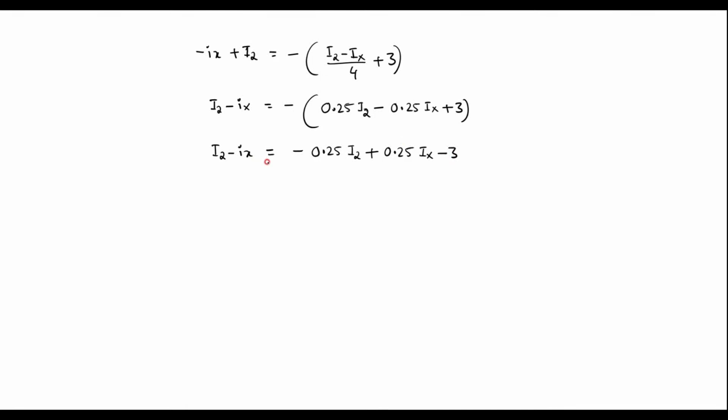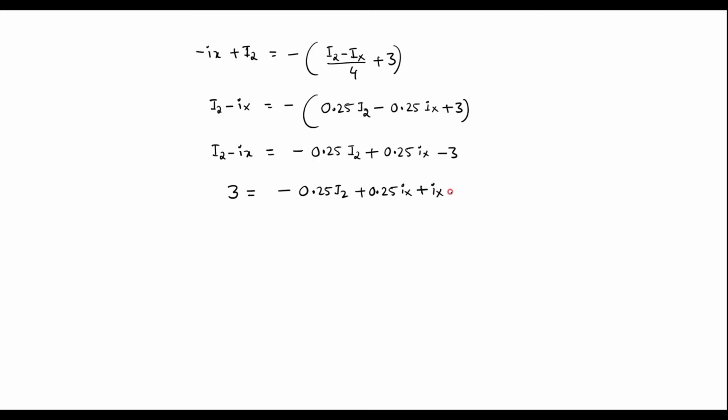Further I can simplify this. I'll take 3 on the LHS. I can write 3 is equal to minus 0.25 I2 plus 0.25 Ix, sorry, this is small i. Take Ix on this side, that is plus Ix.